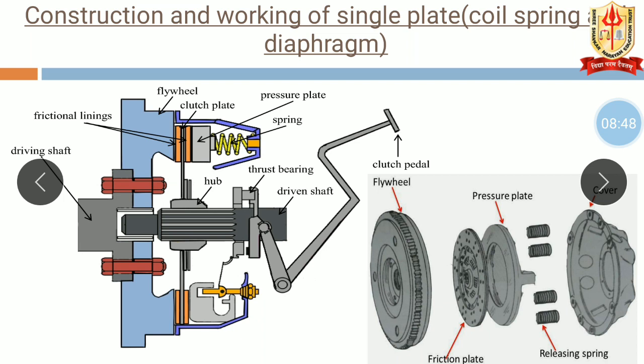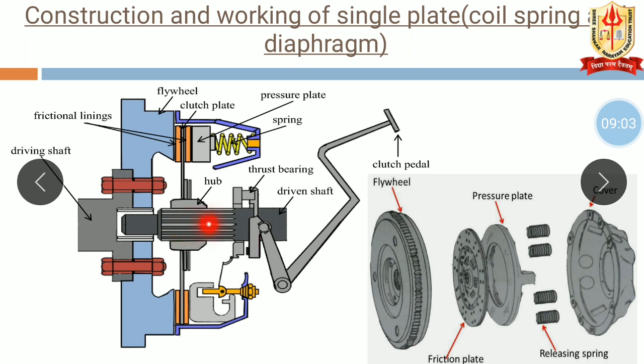When we apply pressure at this spindle, due to this fulcrum pin, this part is going to move in the backward direction.